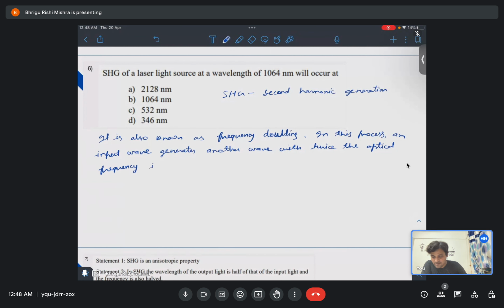So twice the frequency means half the wavelength, or I can say half the vacuum wavelength.